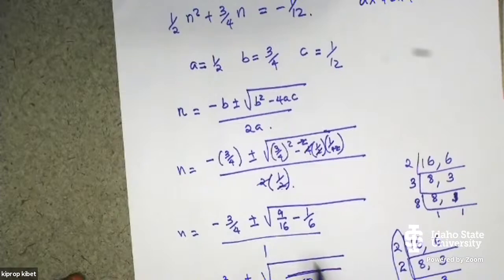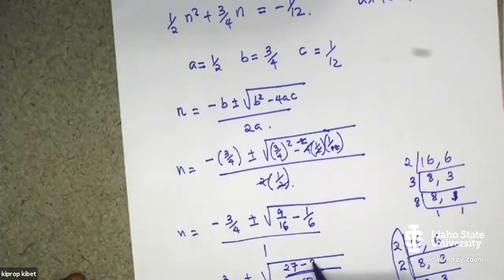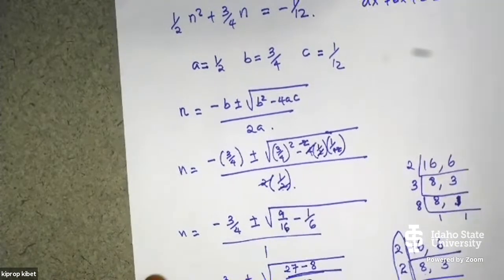So 48 divided by 16 is what? 3. 3 multiplied by 9 is 27. Minus 48 divided by 6 is 8. So 27 minus 8 is what? 19, right?